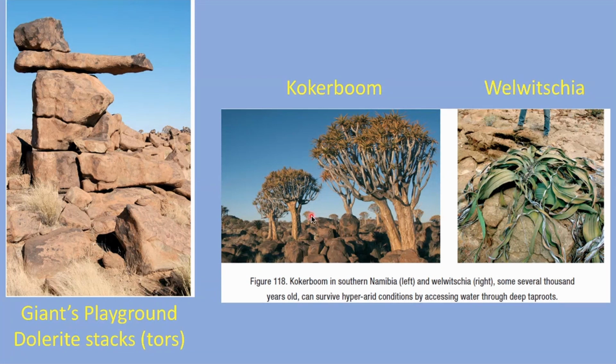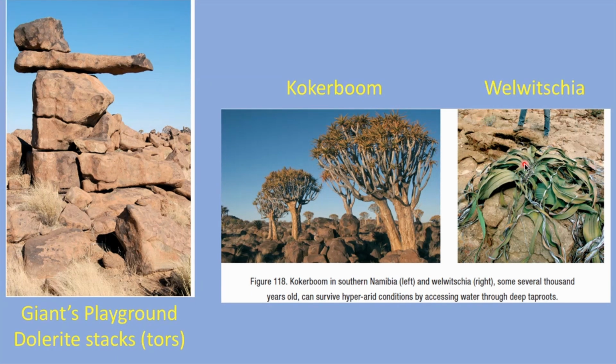They're often associated as well with these koker trees, which are quite spectacular, in that they appear to grow directly out of the rocks. And further north, not so much in this area, but if you go near Swakopmund, to the Namib Naukluft Park, you'll see the Welwitschia, which are famous for their longevity.